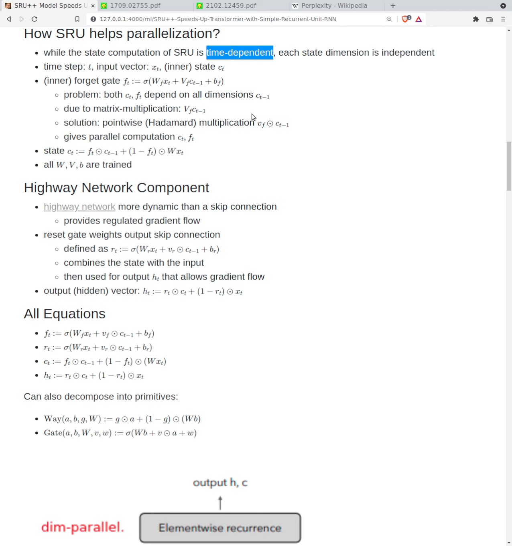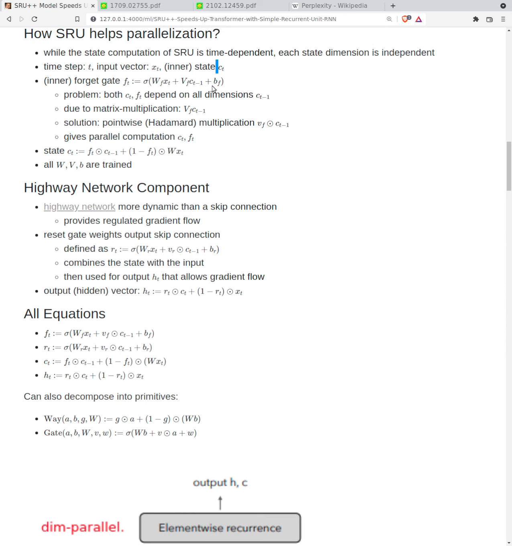You cannot do parallelization in the time dimension, but you can do parallelization in other dimensions. But to do that, you need to modify the idea of the recurrent networks. You need to simply relax the conditions. Usually in recurrent networks, we use t for the time step, xt for the input vector at time step t, and the inner state we denote as ct.